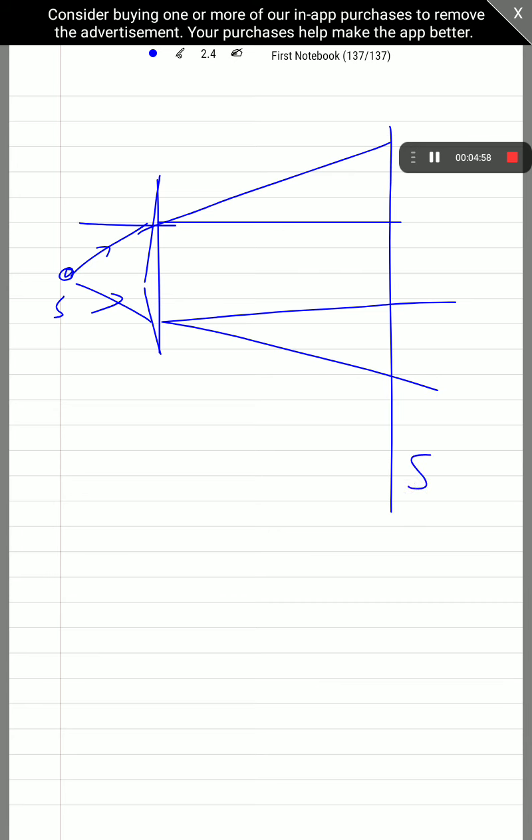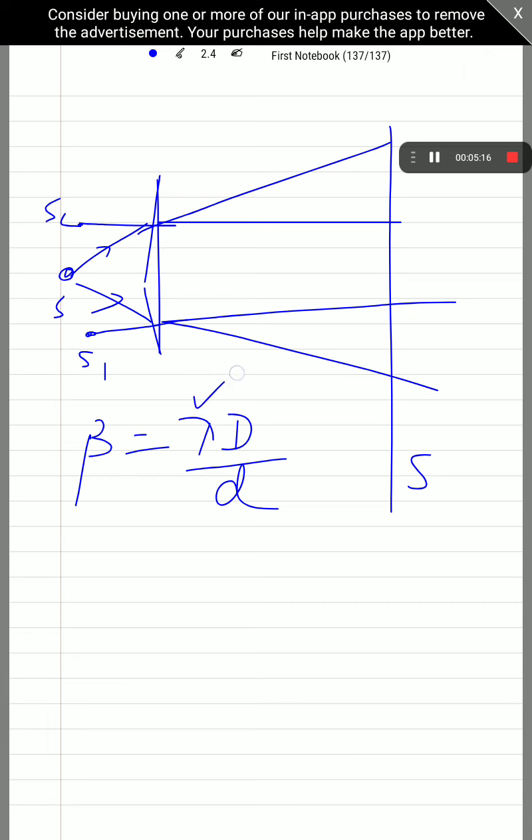This is the screen, and it appears from the screen that the light is coming from two sources S1 and S2. So we have the formula beta equal to lambda capital D upon small d. In this formula, if we know the wavelength of light, the distance between the source and the screen, and the distance between the two distinct sources S1 and S2, we can simply calculate the fringe width. Or any other three things out of this four term formula, we can find the term which is left.